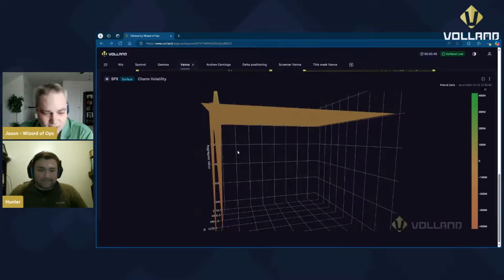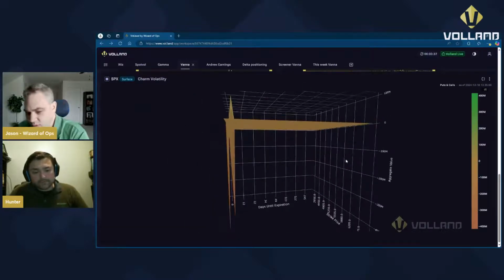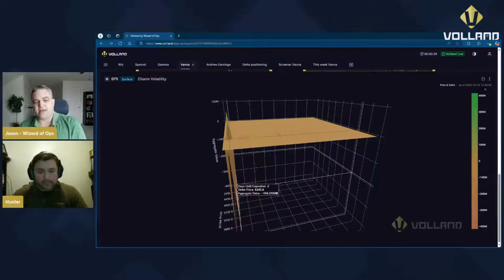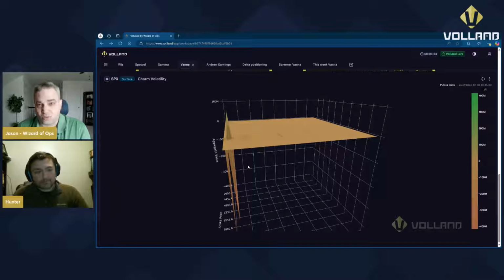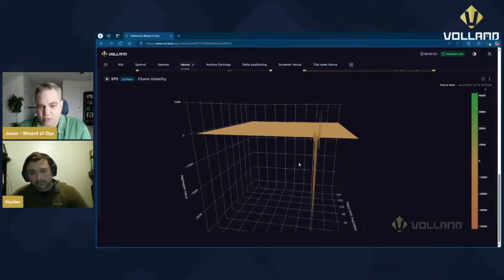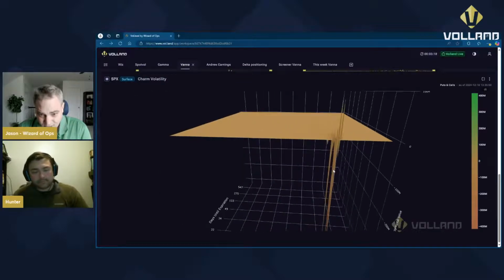Here's something that I did want to talk about a little bit while we wait for FOMC. Days to expiration, 2 and 1. We've been seeing a lot more traffic on the 1 DTEs. It seems like people are getting in their moves earlier than 0 DTE.